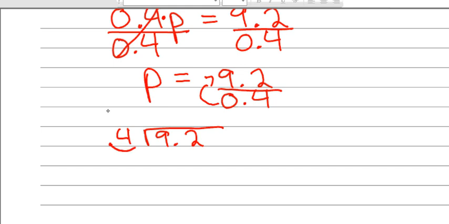So I'm going to move that over one spot. And that becomes a 4. And if I move over one spot over here, I have to move over one spot over here. So now this is 4 into 92.